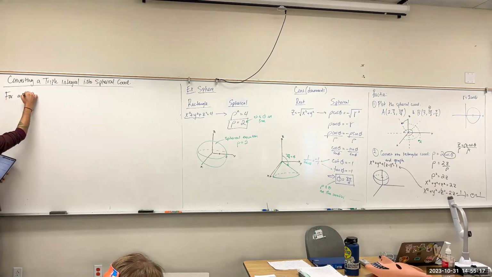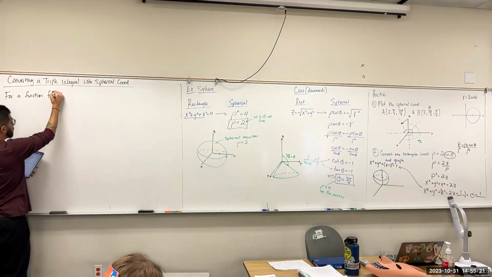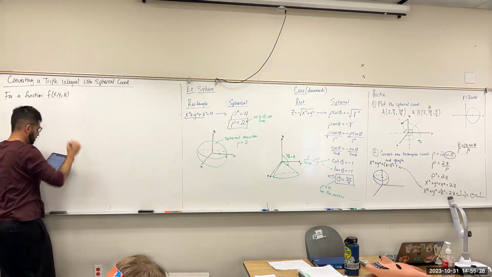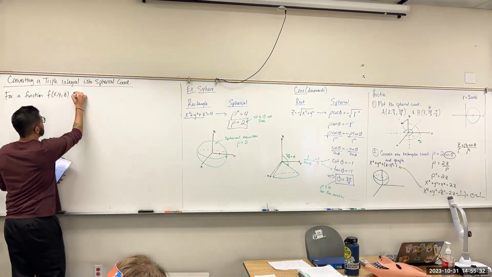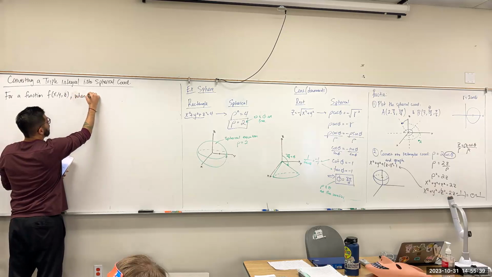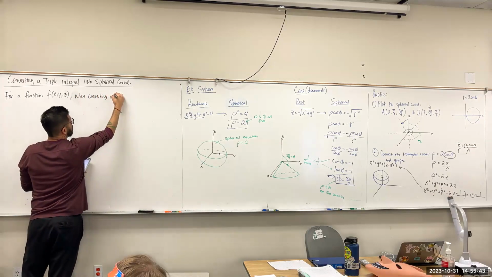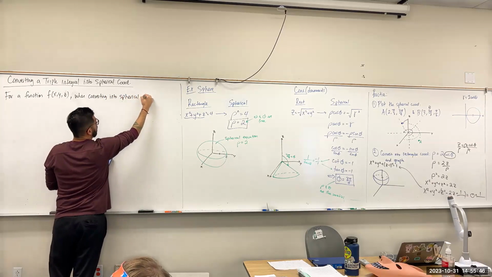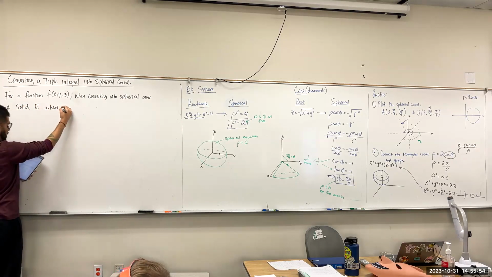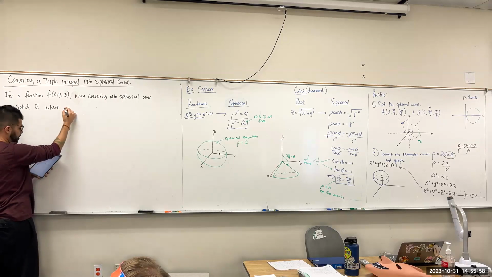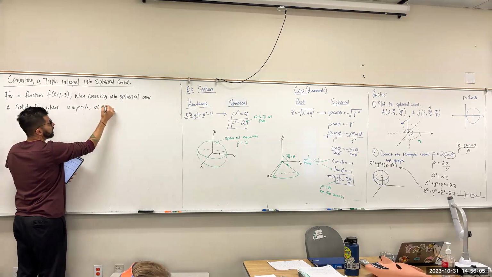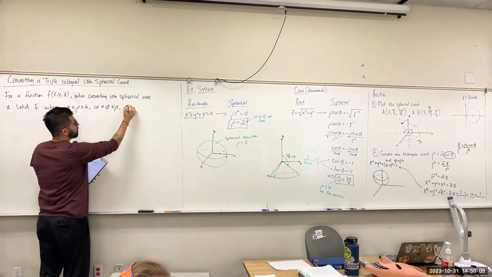For a function in 3 coordinates, when converting into spherical, over a solid E, where let's say when you convert to spherical, you have that rho is between a and b, theta is in between alpha and beta, and then phi will be between c and d.